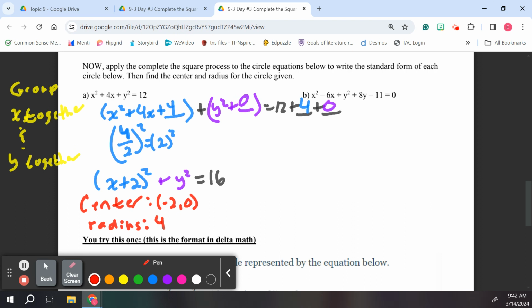Does that make sense? The rule, because this is a circle equation, the rules still apply. Good question. Yeah, that rule still applies, guys, because it's not the standard form, right? Any other questions?